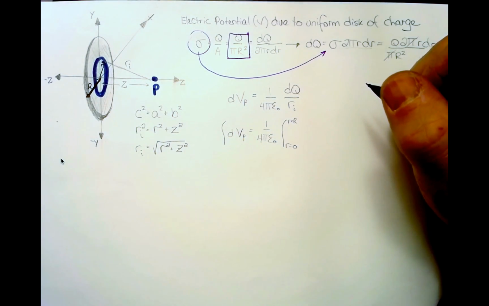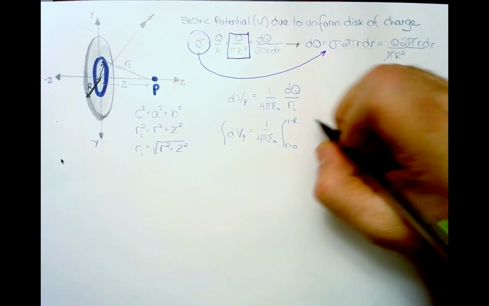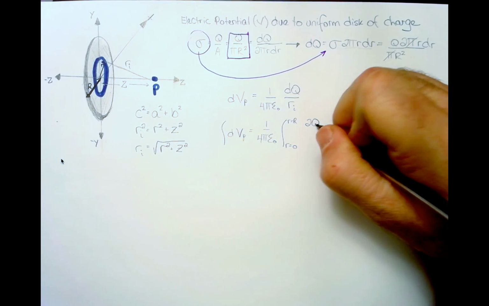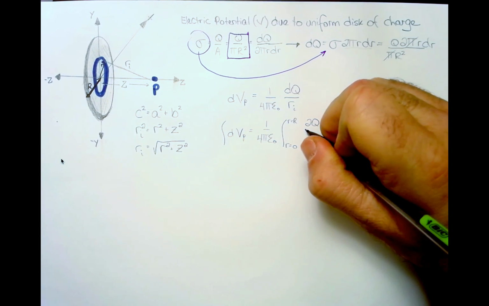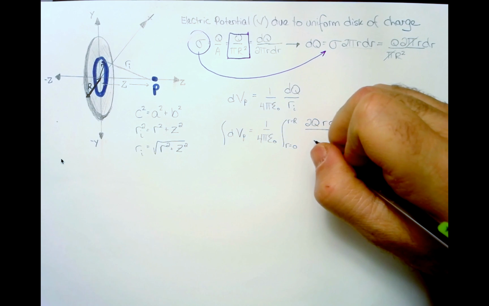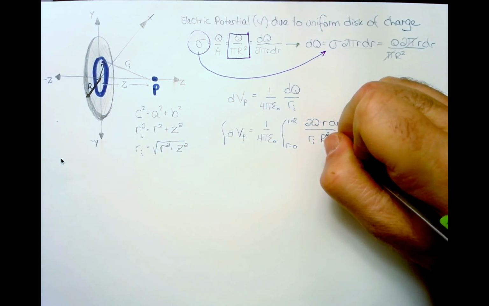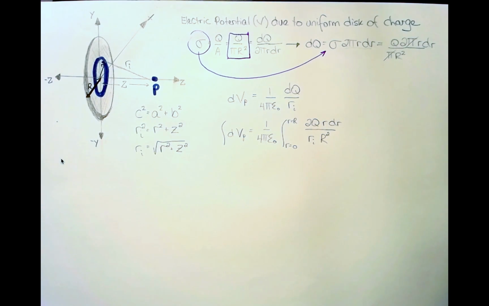I need to make my substitution in for dq, which I will do. This becomes 2 times Q. I've just rearranged that. And I get r dr, and in the denominator, I get capital R squared, but I can't forget the r_i that was in there originally.